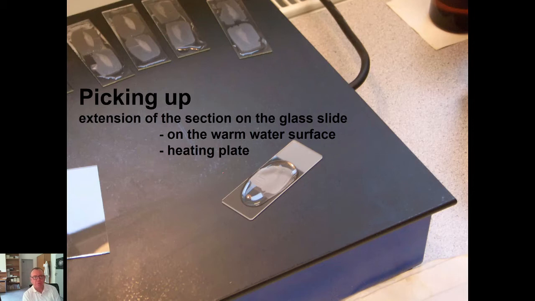So 3 to 5 micrometers is optimum. The water droplet is then dried, evaporated, and as you can see here, our section is now situated on the glass, and that's the thing which we want.